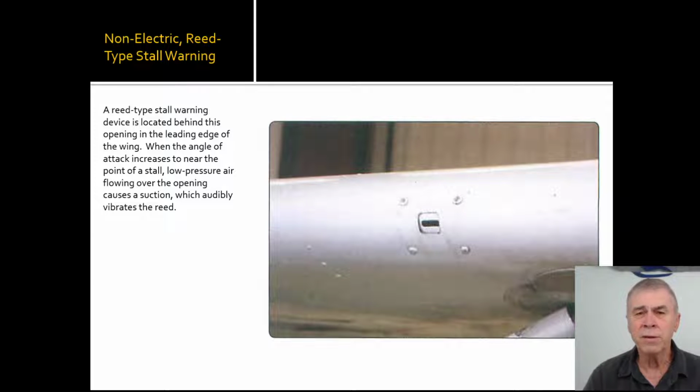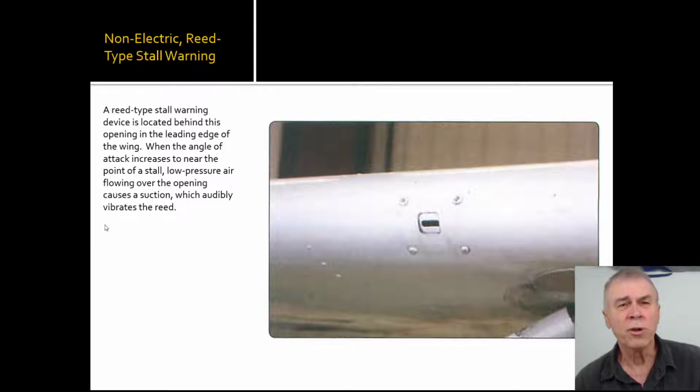So in effect, when you get to a certain angle, the air doesn't really flow into the chamber there. It flows over it, which in effect creates this suction, which is drawing air out of that little chamber, and that's what's causing the reed to vibrate.